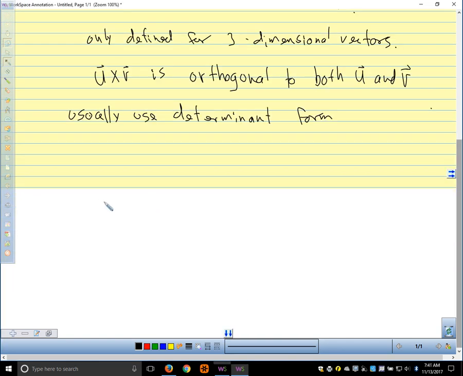So we would write the determinant of i hat, j hat, k hat, u1, u2, u3, v1, v2, v3. So u cross v is equal to that determinant.